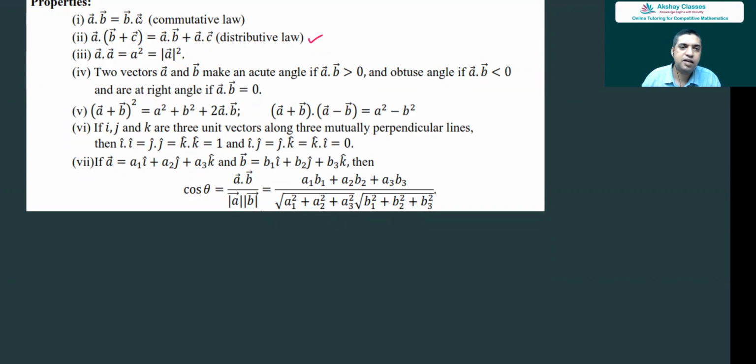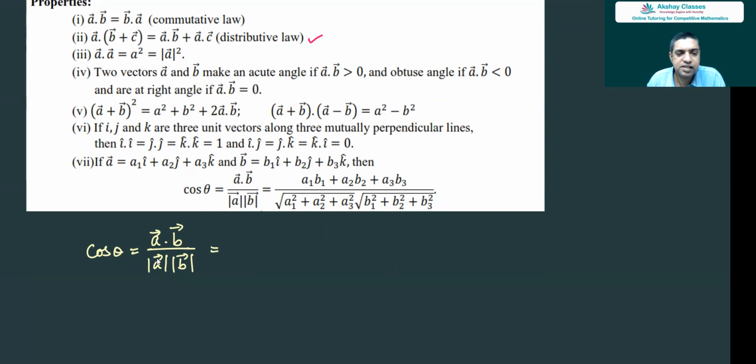This is very clear because cos theta is A dot B upon modulus A by modulus B.